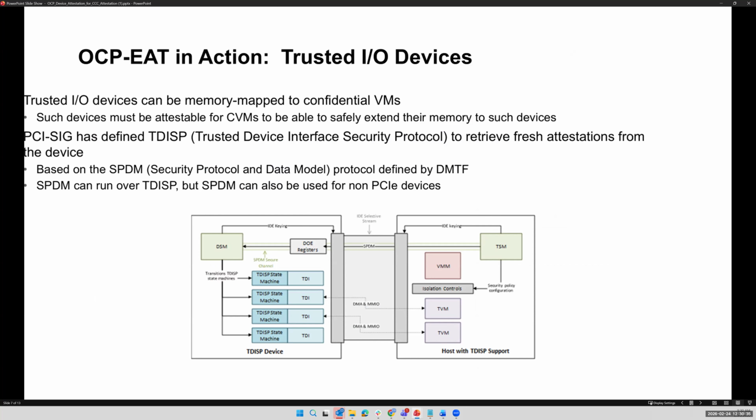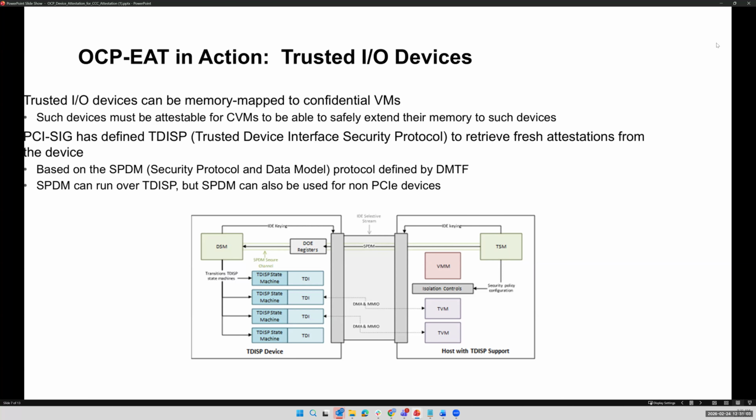One of the potential applications of the OCP EAT is trusted I/O devices. These are, for instance, GPUs and DPUs that can be attached to the device and can have access to confidential VM memory.